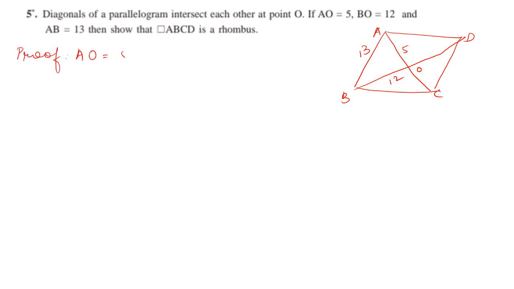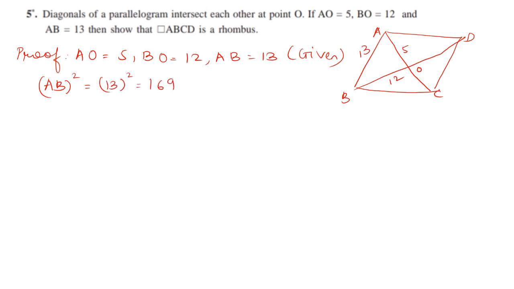AO is equal to 5, BO is equal to 12 and AB is equal to 13, that is given. Now we'll check AB square, that is the larger side of the triangle, is equal to 13 square, which is equal to 169.